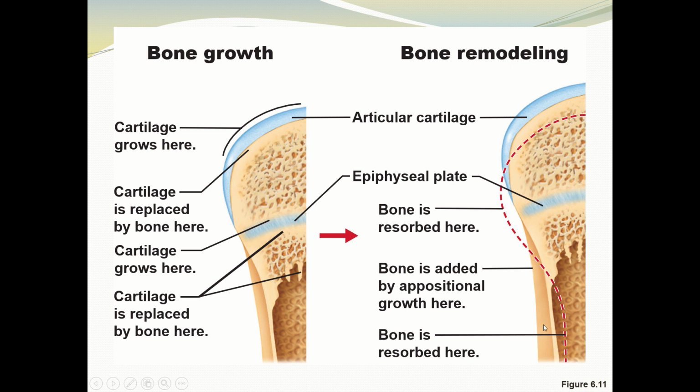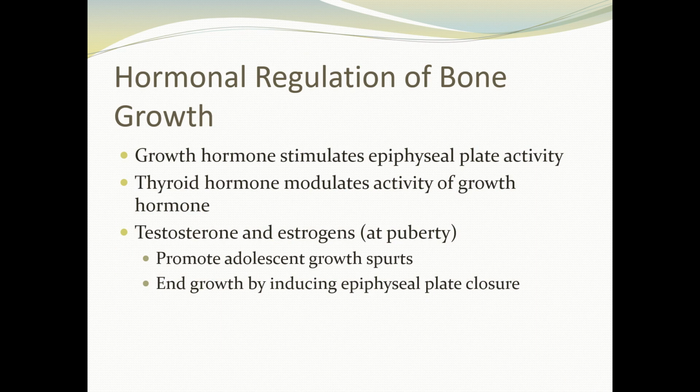We don't want the bone to become too thick. We don't want it to become too thin. You know, it needs to be regulated. Also, these spurs that you can see on the interior of the medullary cavity will be shaved down by those osteoclasts. So as the bone grows in length, it also will grow in width appropriately.